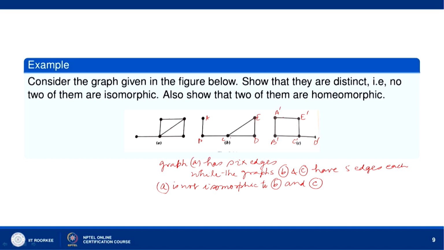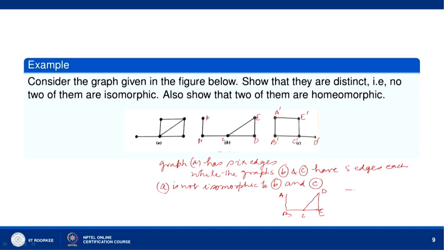Similarly, let us change; we can consider another situation which is possible. Say A, B, C, then C, D I can take here, E I can take here.